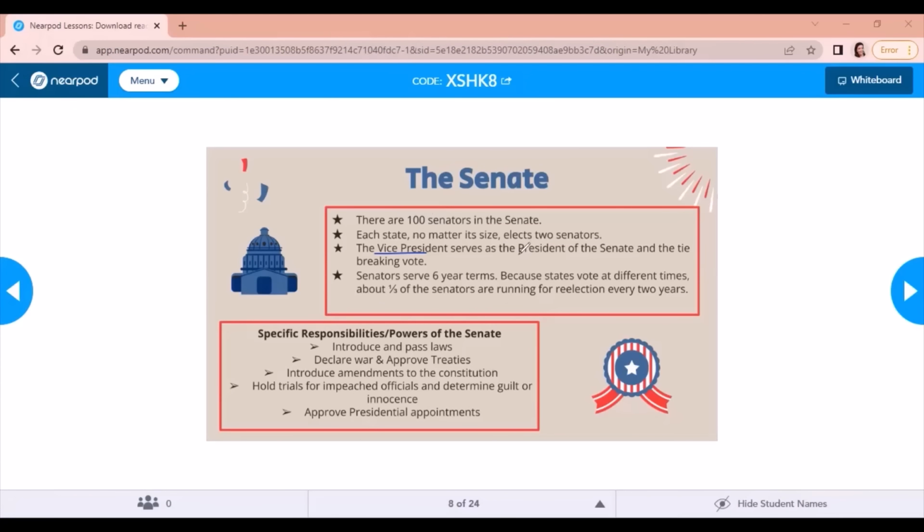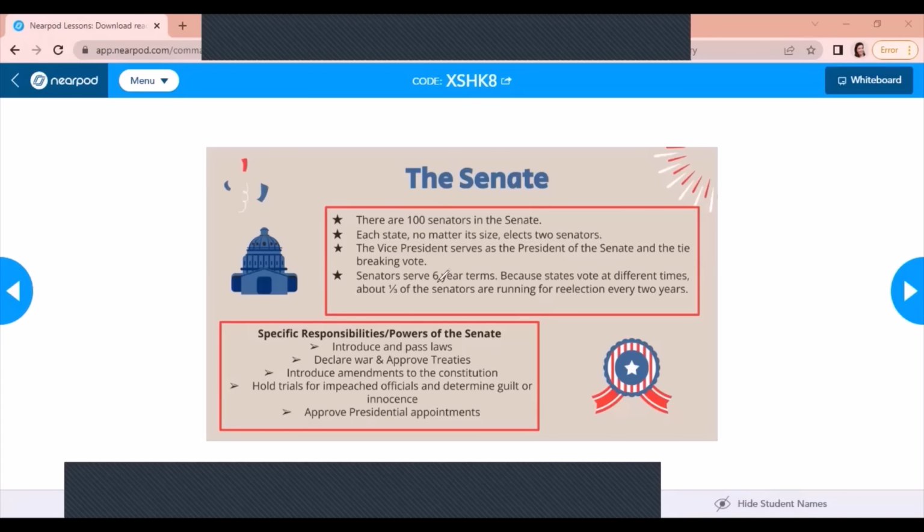So actually the vice president that spent the most time in the Senate was our very first vice president, John Adams. Ever since him, they don't spend a lot of time in the Senate, but technically the vice president is president of the Senate. Senators serve 6-year terms.